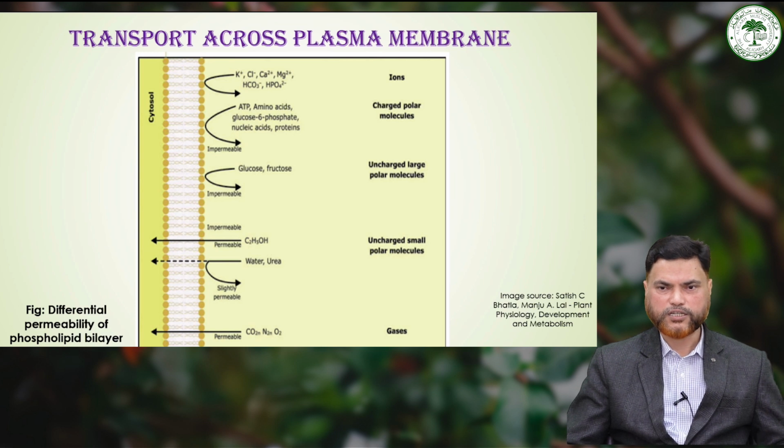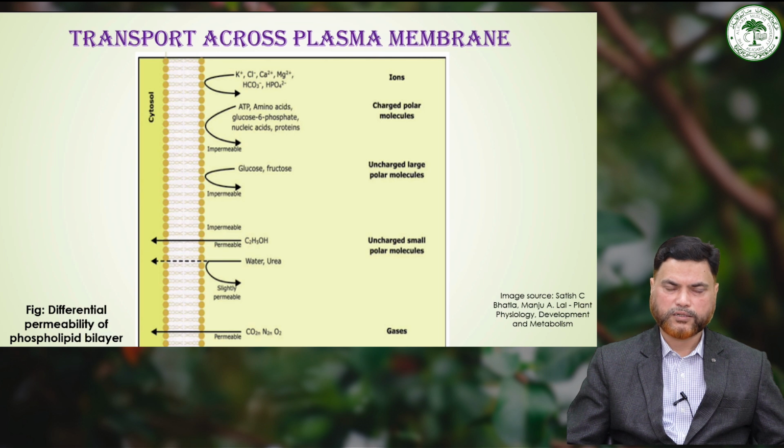Therefore, transport across the plasma membrane could occur either through the lipid bilayer or the membrane transport system via facilitated diffusion, which is protein mediated and differs from simple diffusion.